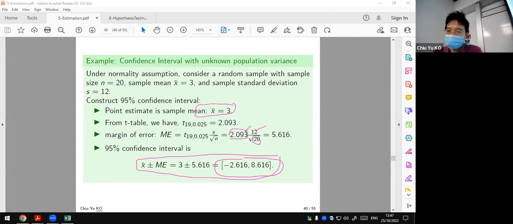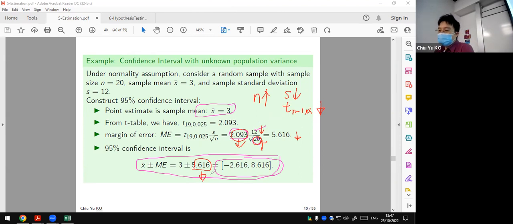Unambiguously, everything will get smaller, because when n increases, s tends to drop, and this t with n minus 1 and alpha also drops. So everything goes down, and the margin of error should go down. If you increase the sample size, everything would be nice. If you don't like this interval, you have to increase the sample size.